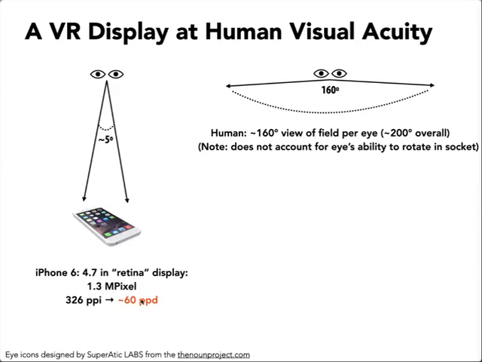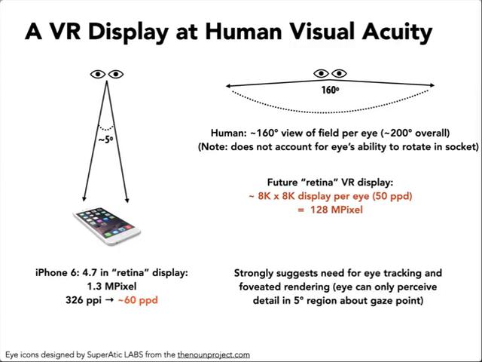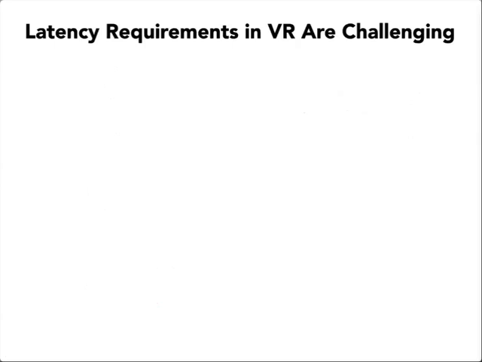Something like 60 pixels per degree is what reaches the human acuity limit. And if we were trying to do that for a VR headset, something on the order of 128 megapixels might need to be rendered for the two eyes, at least according to current designs. And I'll get into the foveated rendering issues in a second.